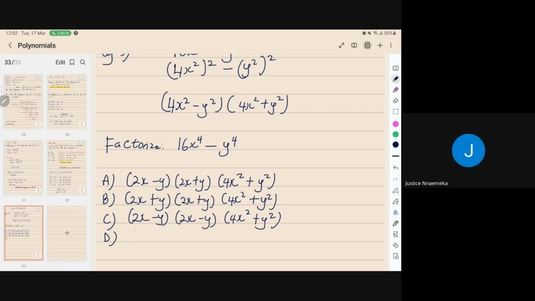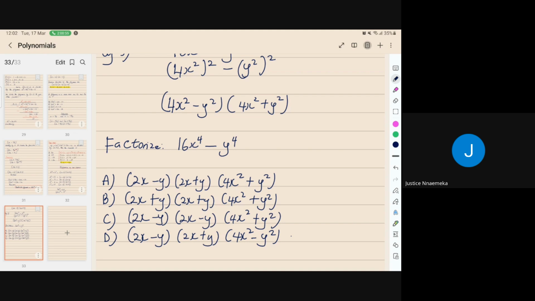The D part is (2x minus y), (2x plus y), and (4x squared minus y squared). Is that okay? So put it down, try it and send it to me when you are done.